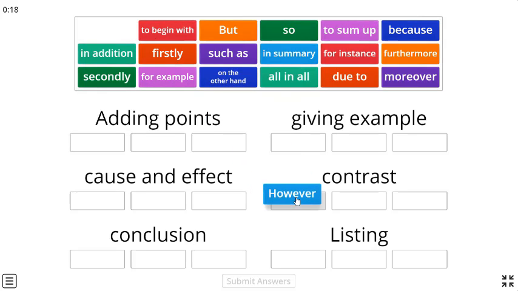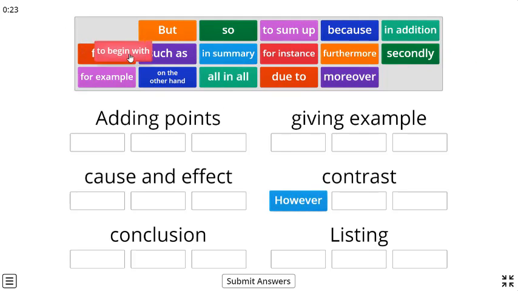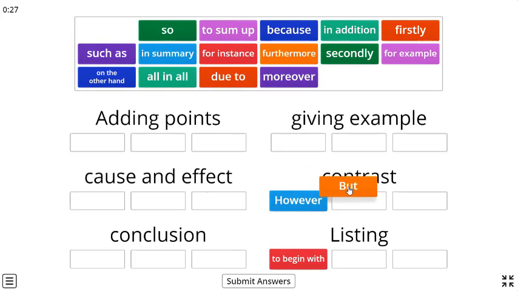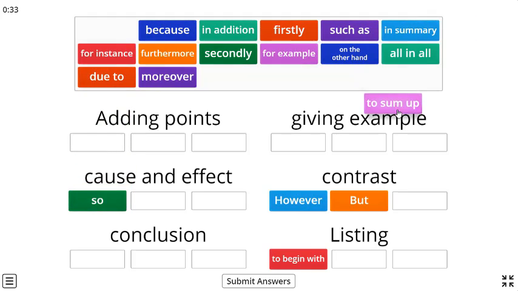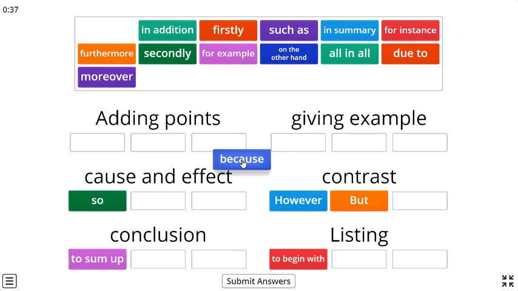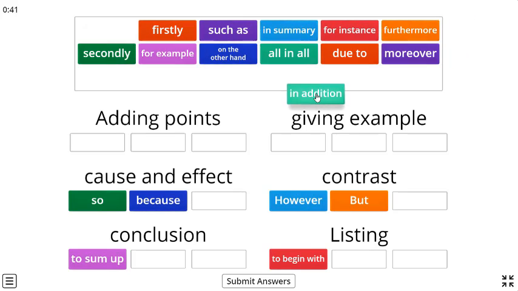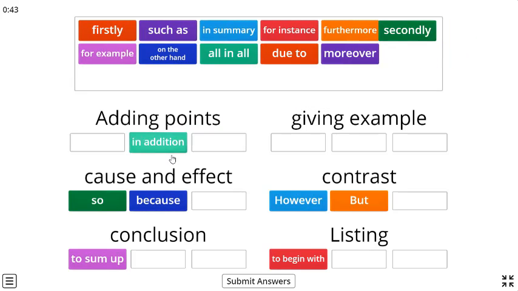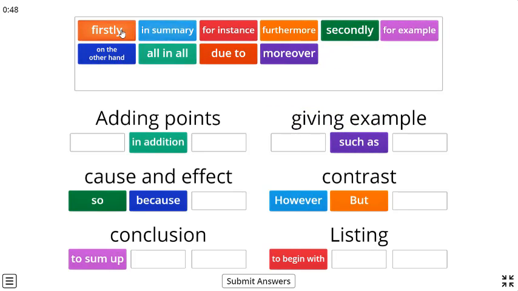It is used to show contrast. To begin with is for listing, but for contrast, so for cause and effect, to sum up, for conclusion, because is used for cause and effect, in addition to add points, such as is an example.